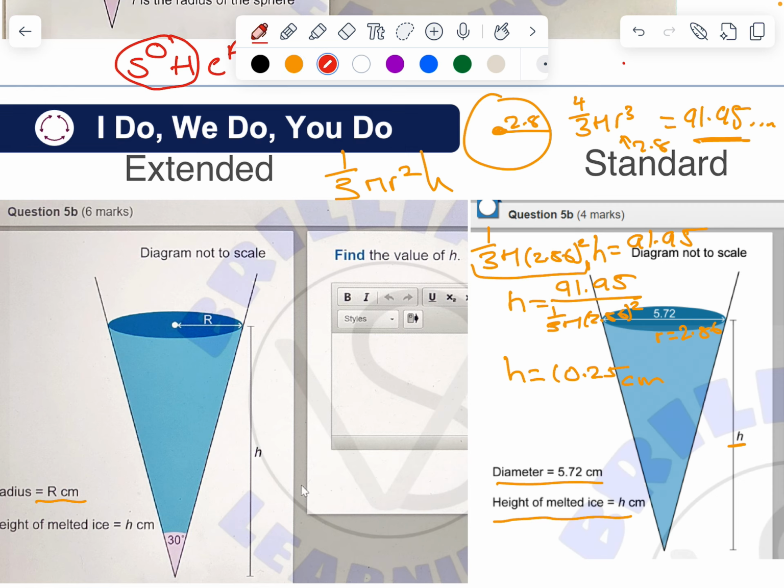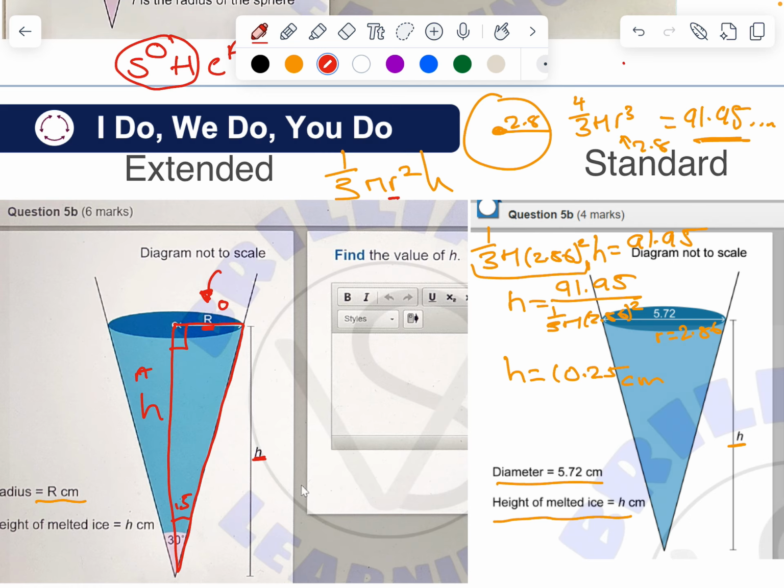For extended, we're going to do the same. However, for the radius, it's a little bit different because we don't actually know what that is. So what I'm going to do is create a right angled triangle and write R in terms of H. So this is 15. This is H over here. This is 15, so this is the opposite and this is the adjacent.